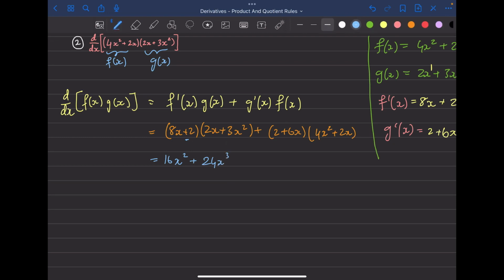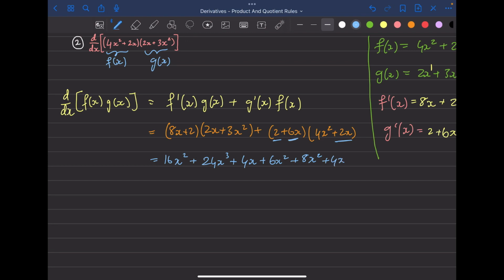And then 2 times 2x is plus 4x. And then 2 times 3x squared is plus 6x squared. So we're done with those two brackets. And then plus 2 times 4x squared is 8x squared. And then 2 times 2x is plus 4x once again.